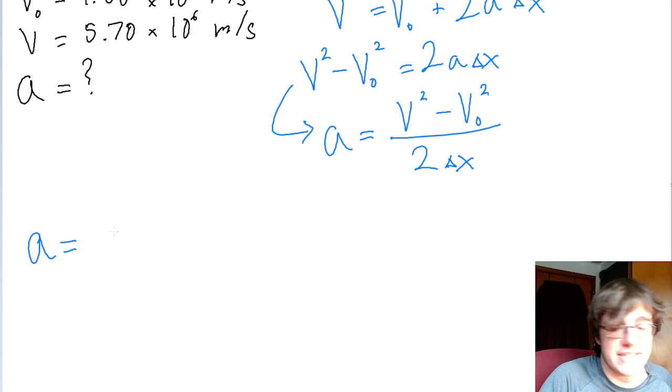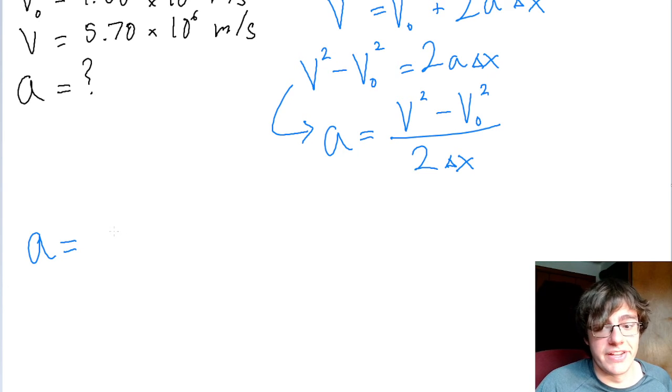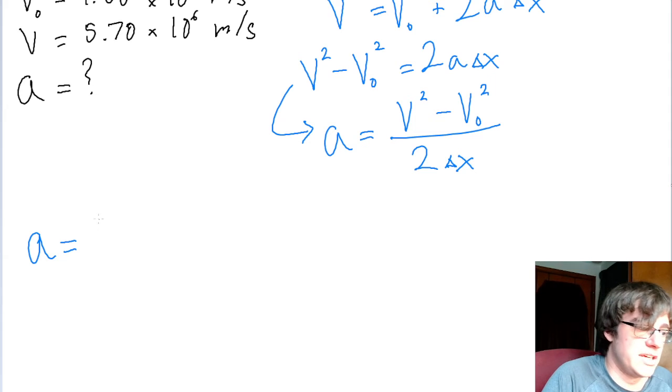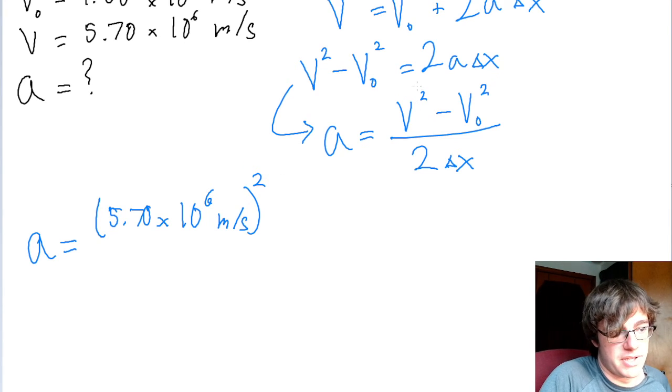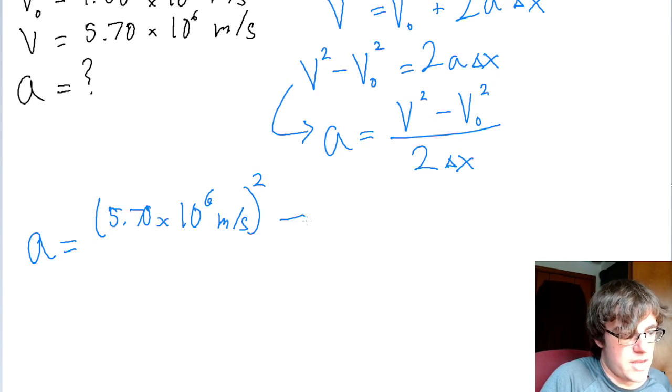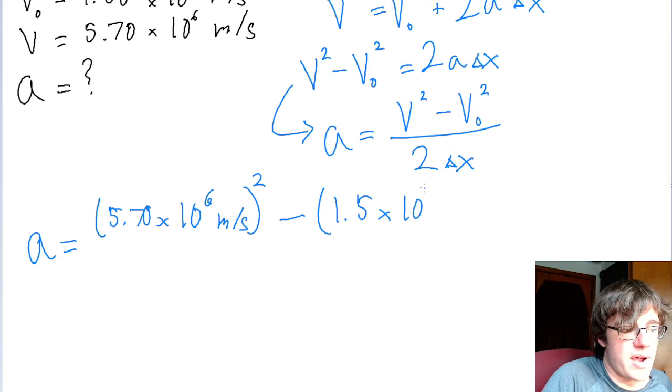So a is equal to the square of v, so that's the square of our final speed, which was given as 5.70 times 10 to the power of 6 meters per second. And don't forget to square that entire value because our v is squared. Then we subtract the square of the initial speed, so that's 1.5 times 10 to the power of 5 meters per second.